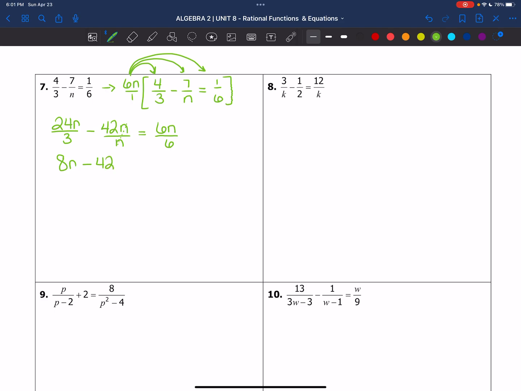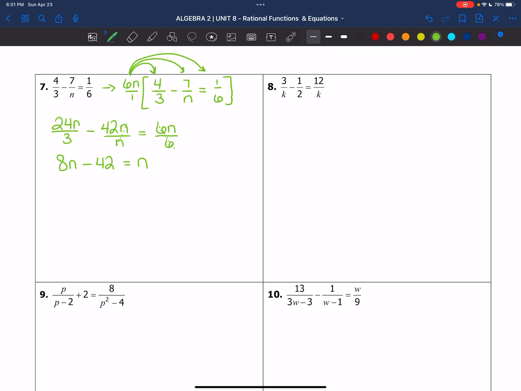And then a 6 divided by a 6, that's also going to simplify to a 1. So we're just going to have this n. Sorry, they looked like r's for a second. My bad. So now this is a very, very basic equation that we are beginning to solve.